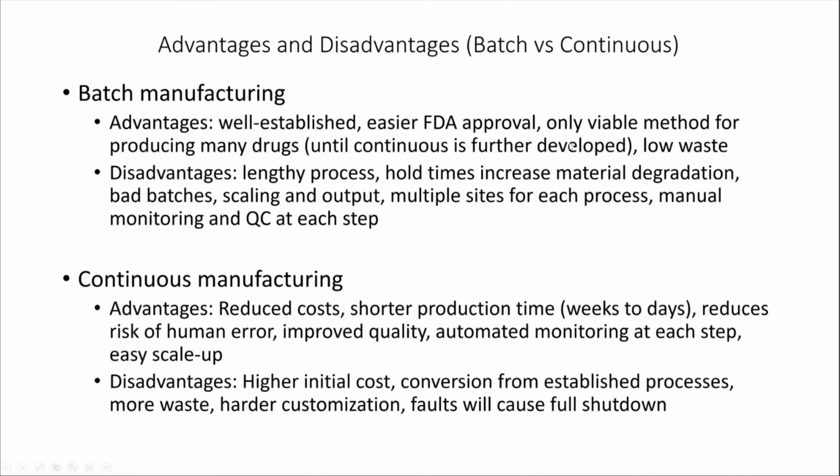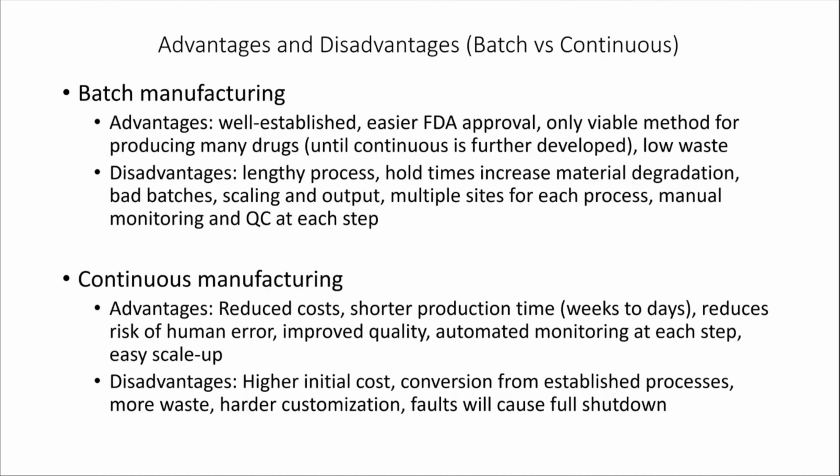So sometimes it may be the only viable method to produce some drugs. For example, what if a drug is very sticky and you can't use the same vat without cleaning it in between batches? Then you wouldn't be able to use a continuous workflow, because over time the batch mixed in that vat gets dirtier and dirtier, the quality will decrease, and there may be more impurities.